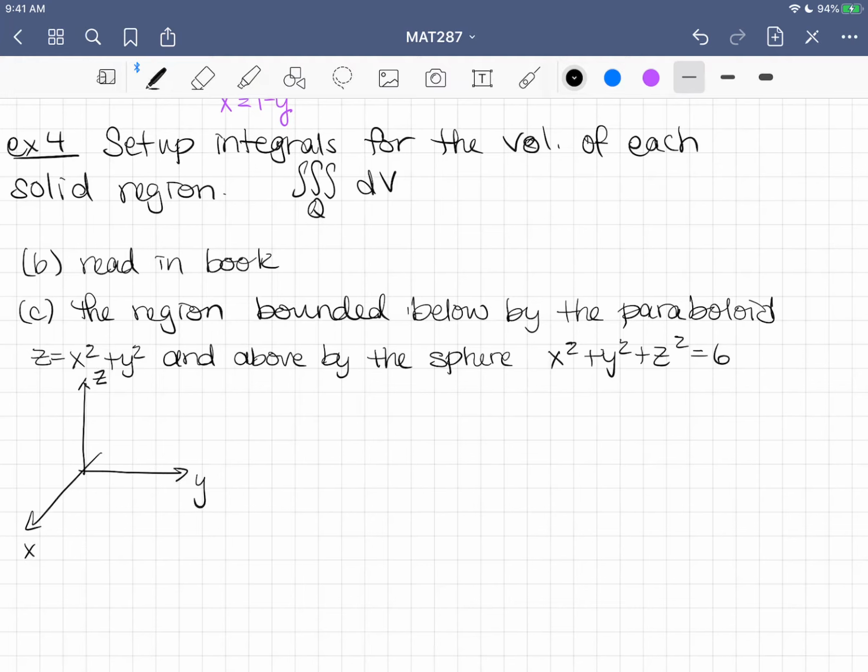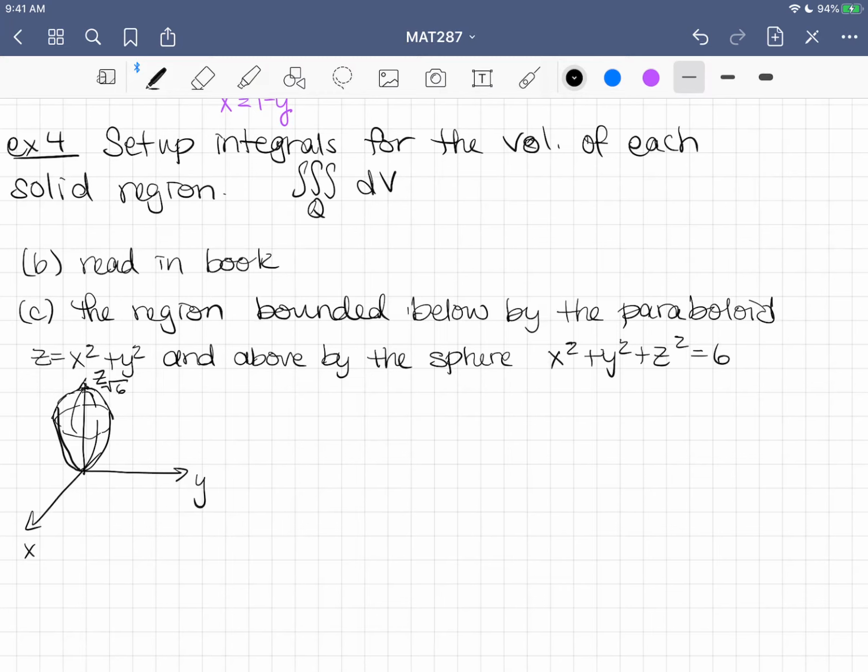Okay, again, you should always try to get a rough sketch. So here's what my paraboloid kind of looks like. And what's happening is it's capped off by the sphere on top, where the sphere has radius root 6.